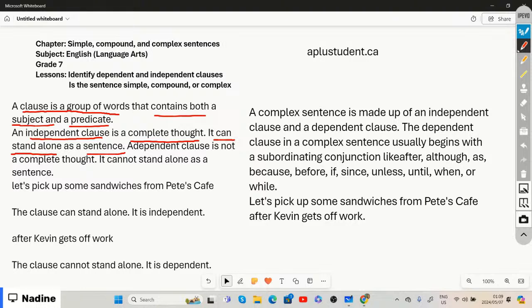All right. So we said we have independent clauses and we have dependent clauses. We said an independent clause is a complete thought and it can stand alone as a sentence.